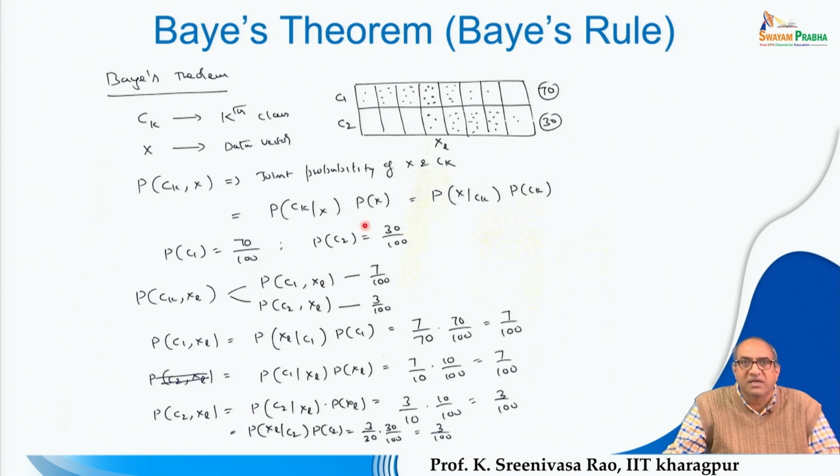The joint probability of Ck and x can be written in two ways, taking one of them and conditioning it with respect to the other: probability of Ck given x into probability of x, or probability of x given Ck into probability of Ck. These two are equivalent, and both are equal to the joint probability.